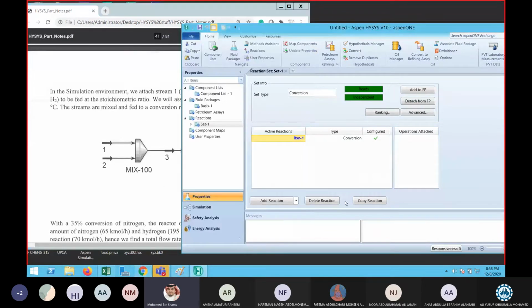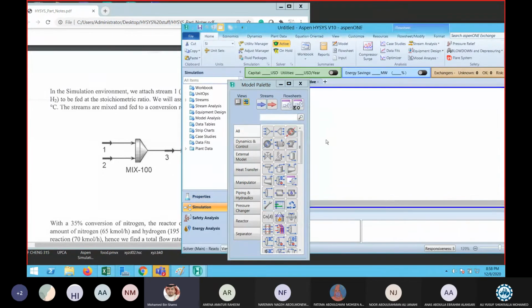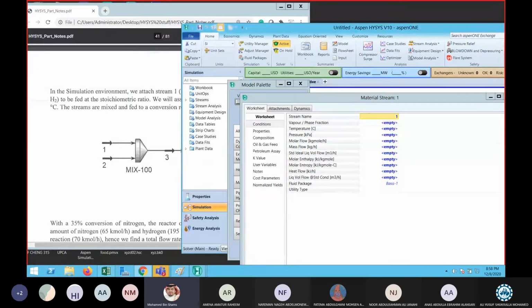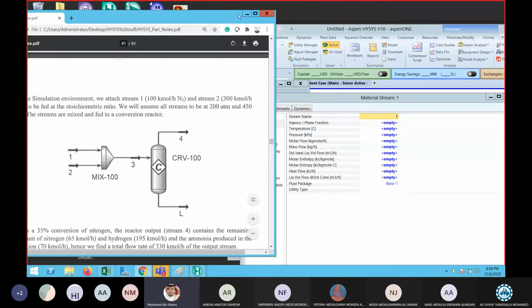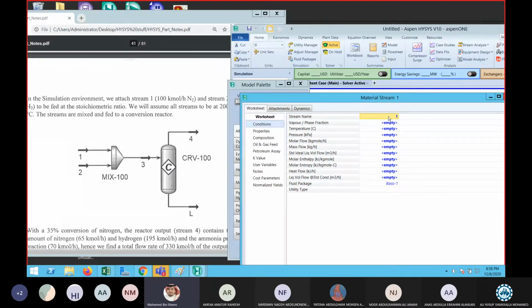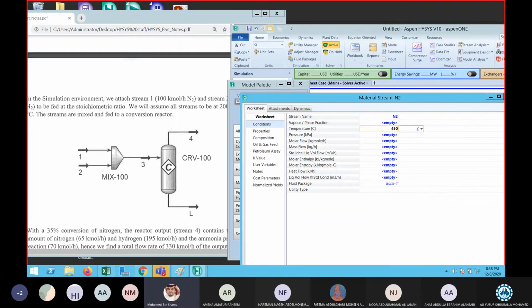Okay, now in the simulation environment, we have two streams here. So we are going to add these two streams. He told us here that stream 1, which is nitrogen, let's call it nitrogen. This stream has a temperature of 450 degrees Celsius and 200 atmospheres.